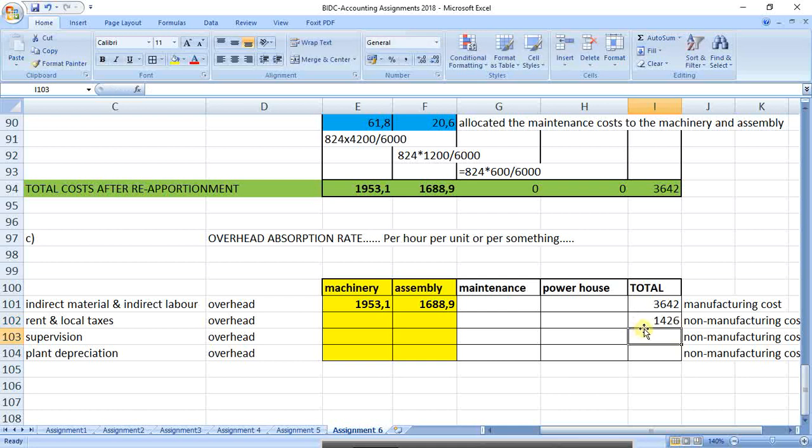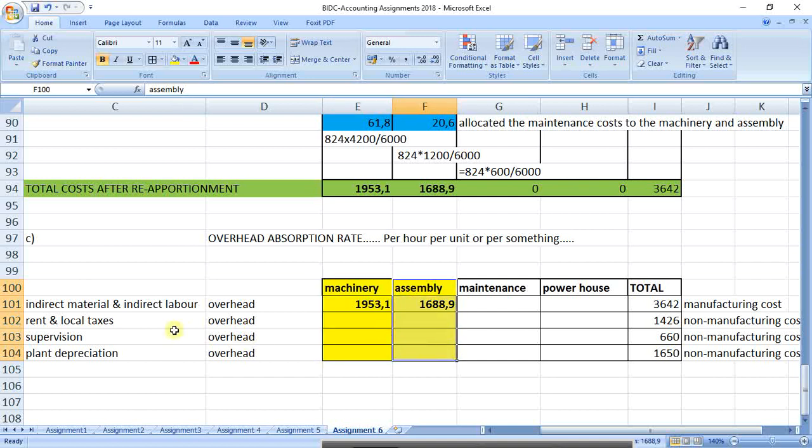Okay, supervision, how much? 660. Plant depreciation, how much? 1650. Okay, so what do we have here? We've got the totals for all of those overheads. They want us to absorb those overheads just for the machinery and the assembly.